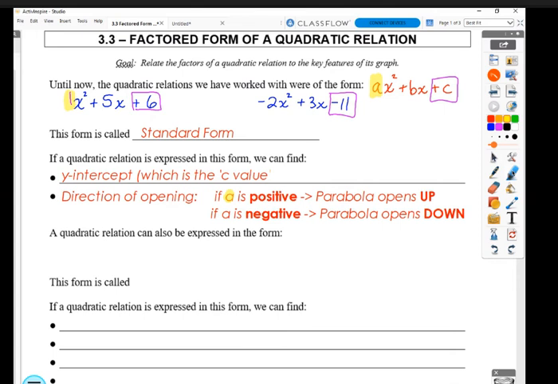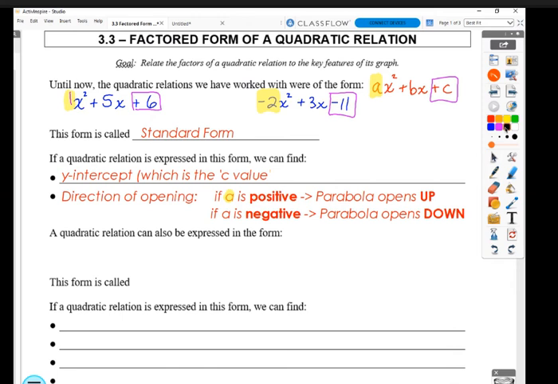It's happy, creating a smiley face, which also tells us it creates a minimum. Then you can have one like negative 2x squared. Because that a value is negative, it's frowning, facing downward, which also creates a maximum point, which we investigated last week.